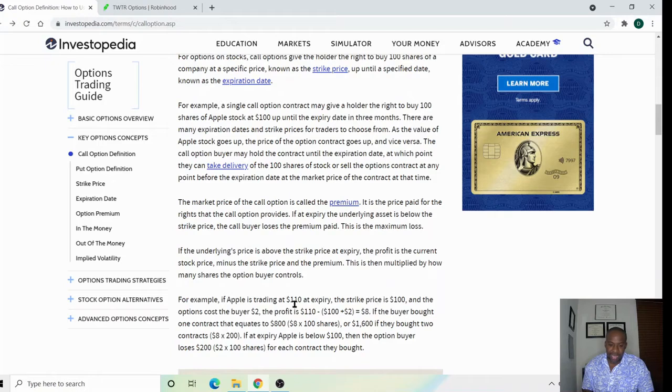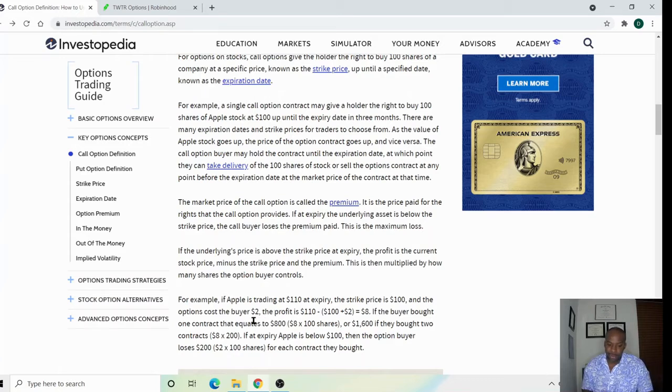the $10 difference between the current price and the price you get to pay, because your strike price was 100 and it's currently 110. So that's the $10 multiplied by 100. Remember, we're always talking about 100 shares when you're talking about an option contract. 10 times 100 is 1,000. But you have to take away $200, which is the price you paid for the premium.